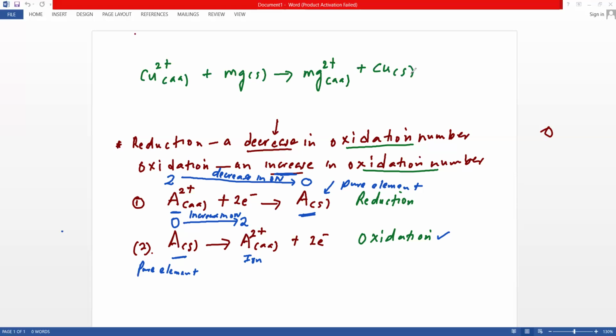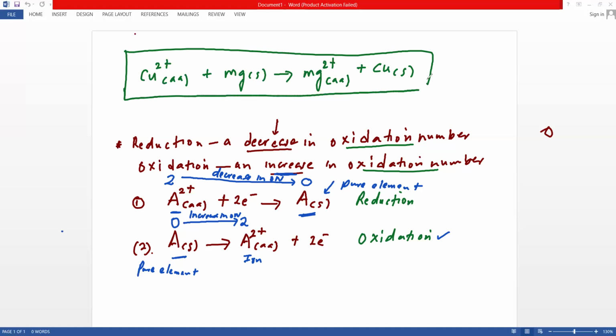So now we want to check between the two which one has undergone reduction and which one has undergone oxidation in terms of this reaction. We just assume you're not provided with any standard potential table for now.